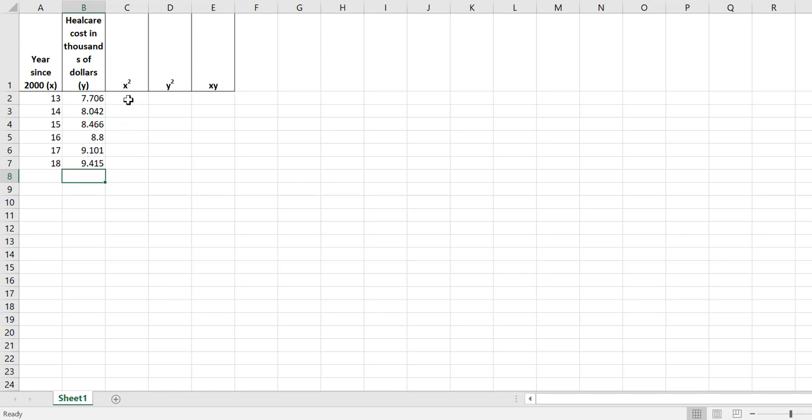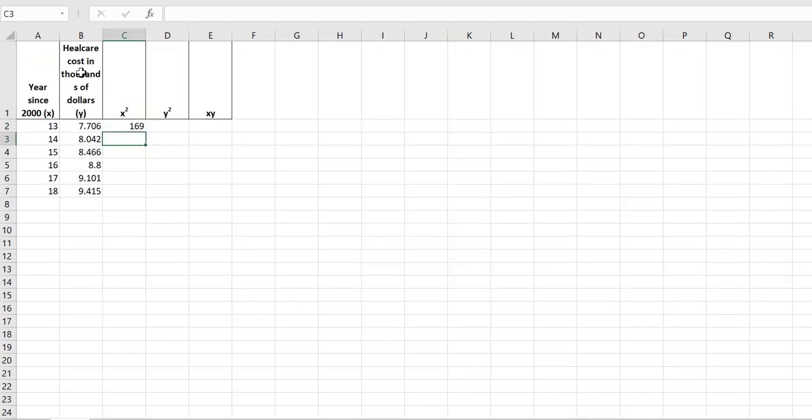Again, if we were doing this by hand, we're going to take our x value here. So we'll have equals, our x value, and then we are going to square it. So 13 squared is 169. We're going to drag that down so that we have all of those x values squared.